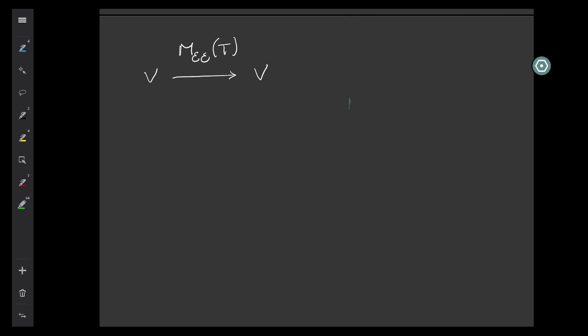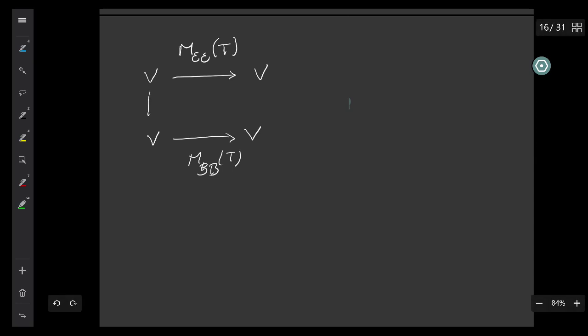So we are looking for this matrix M E E of t. Okay, but we know already what M B B of t is, which was very simple. And if we consider the matrices of change of basis, so let's say CBE, so here we have E, and here we have B. So the matrix CBE changes the coordinates of one vector, which is written in terms of E, to the coordinates in terms of B. Okay.